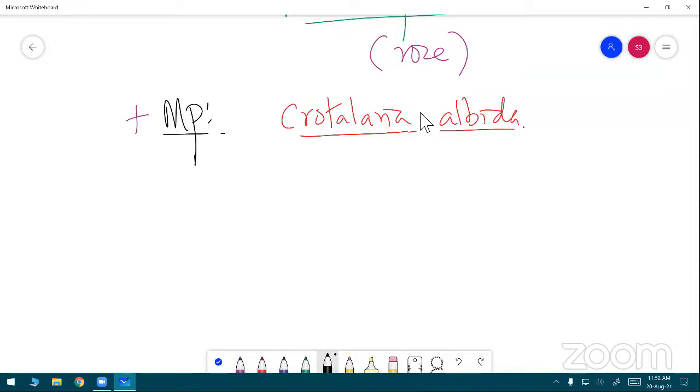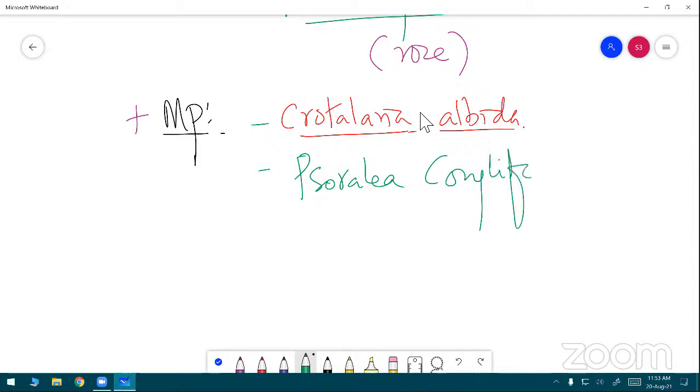And the second plant, the first plant is Crotalaria albida. The second plant is Psoralea corylifolia. Here P is also silent. Psoralea corylifolia.